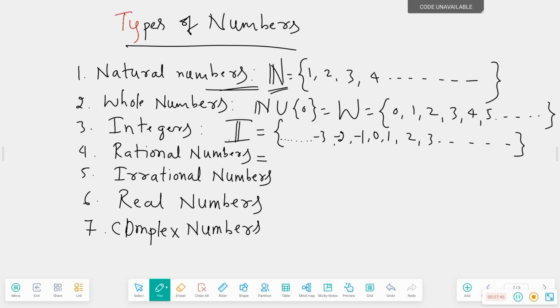Next one, rational numbers. The rational number set is denoted by capital letter Q, and it is defined by the numbers of the form P by Q, where Q must be not equal to 0 and P and Q must be integers.